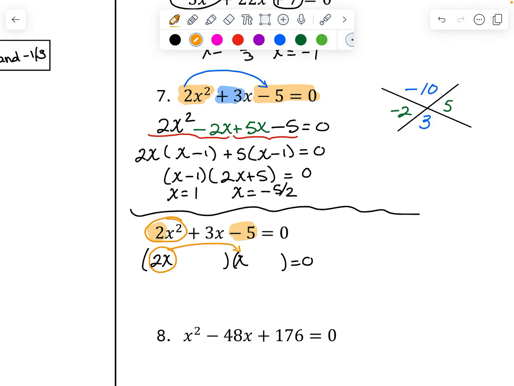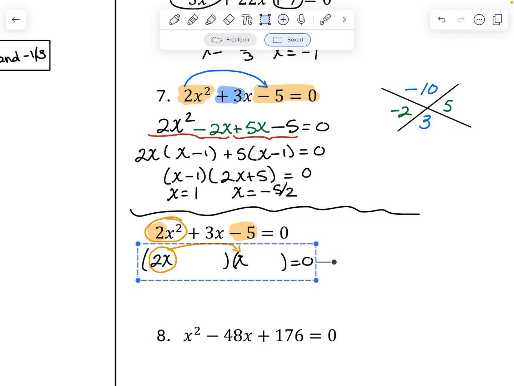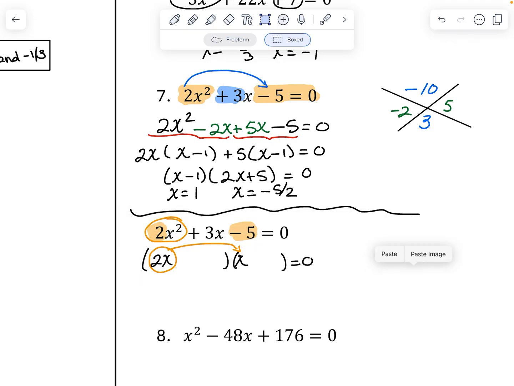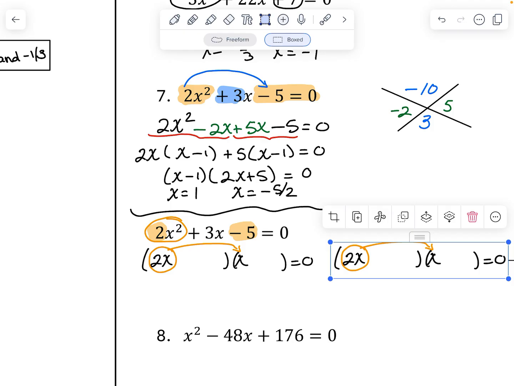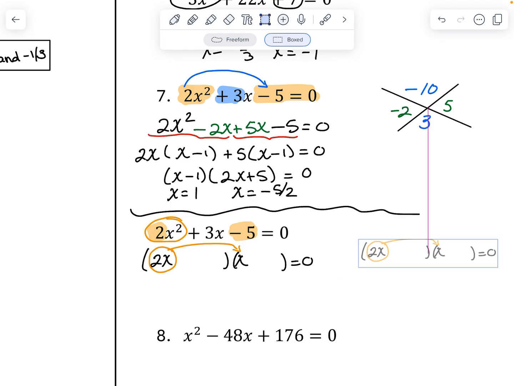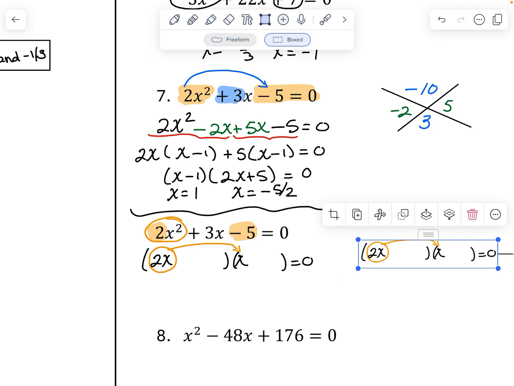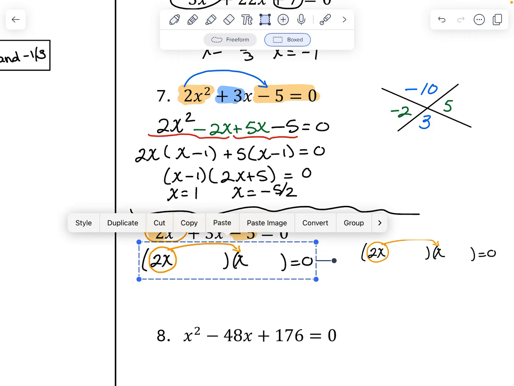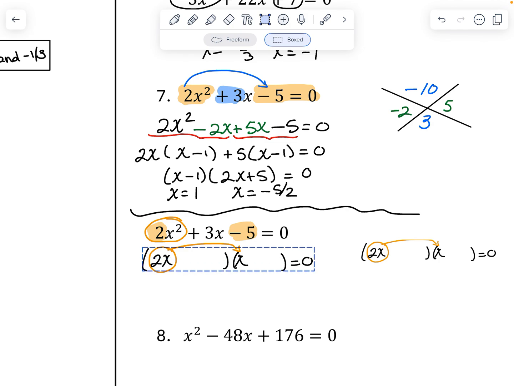Okay? So then you're left with some choices. I'm going to copy this.